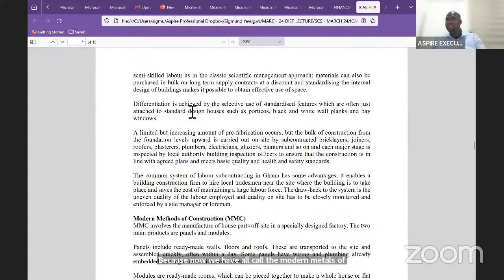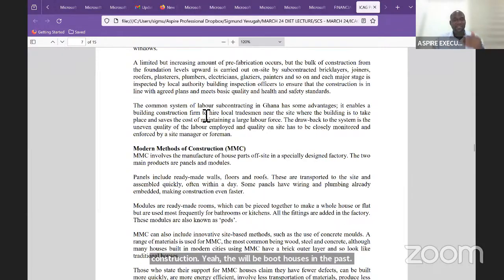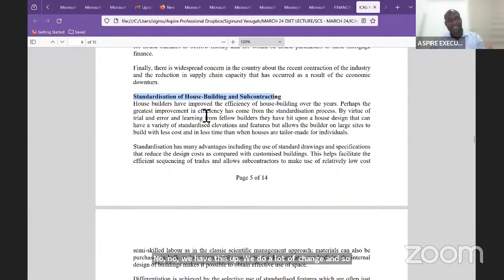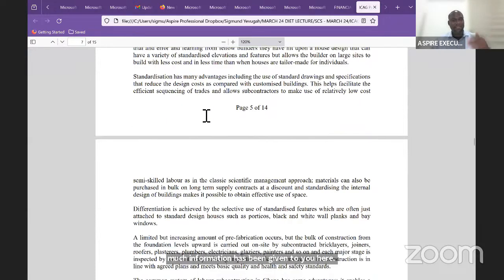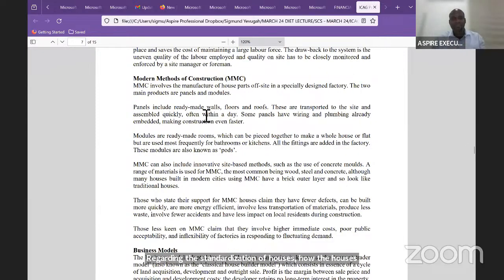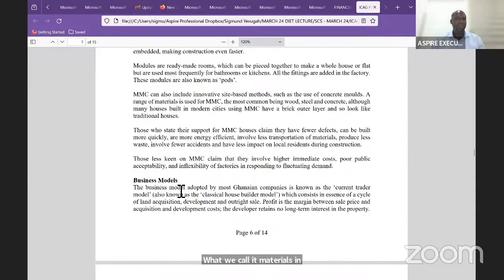The way we build houses in the past is no more the way houses are built now. A lot has changed, and so much information has been given to you here regarding the standardization of houses and the modern methods of construction, which now use more cost-effective and energy-efficient materials in construction of various properties.